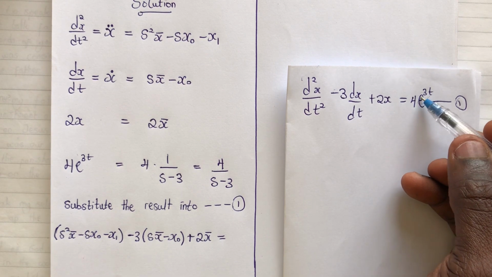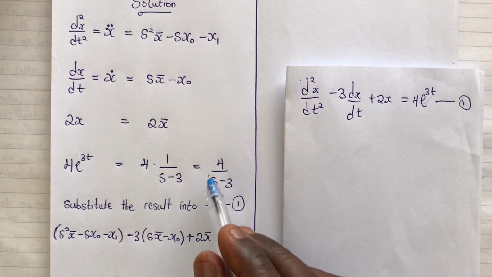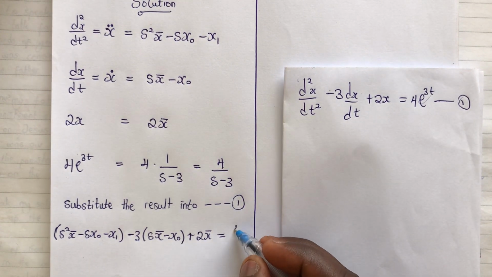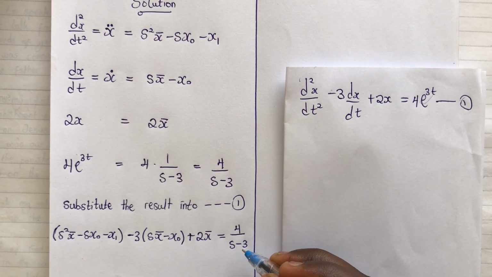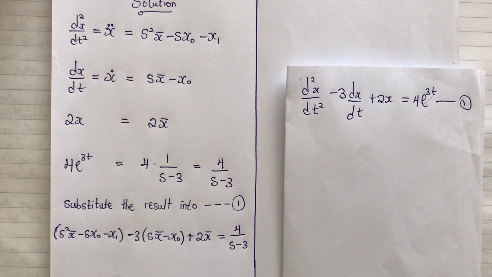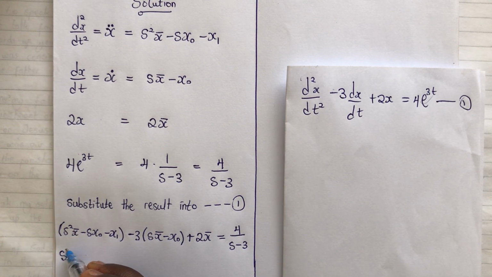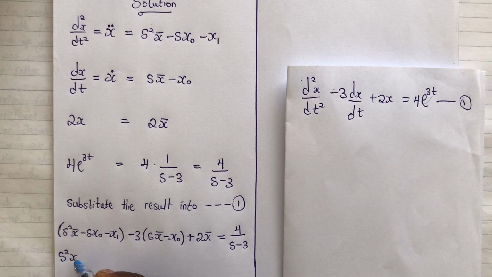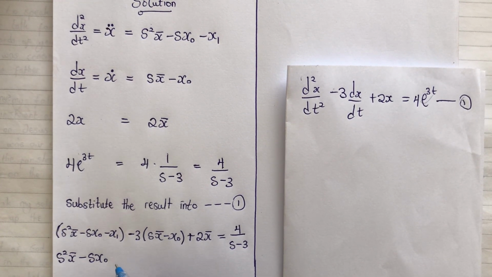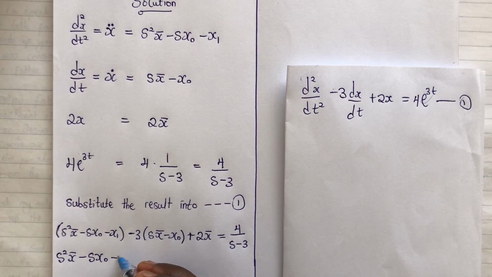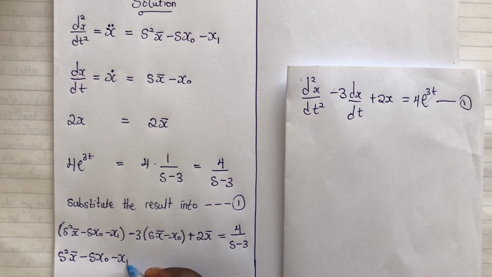So we replace it with what? Its Laplace transform, which is what? 4 over s minus 3. Now what is the next step? We just need to use this negative 3 to expand this bracket, and we have s squared times x bar minus s x naught, or x0, minus x subscript 1.